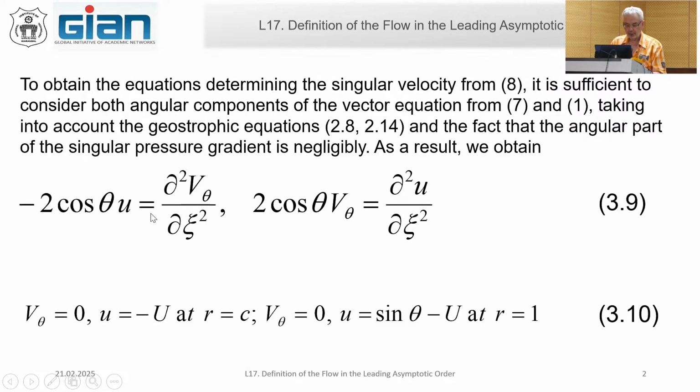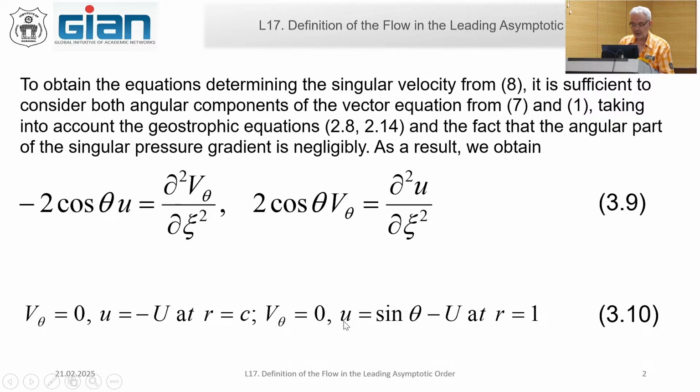At the boundary, this complete term, small u plus capital U, should be equal to 0, or otherwise there is a cancellation of the geostrophic flow U directly on this boundary at R equals C. And at another boundary we have a slightly different situation. In the C component it is actually the same, but on this component we again have this effect of the geostrophic flow, and also some differential rotation.